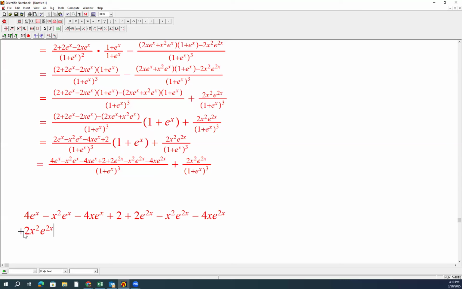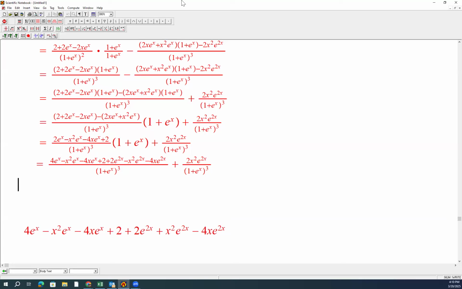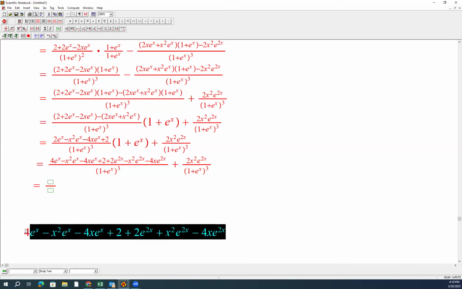What does this term combine with? Not this one, not this one, not this one, not this one. It looks like it's this one, right? It's a positive 2, this is a minus, so this is going to be plus. So in the end, we get this piece.